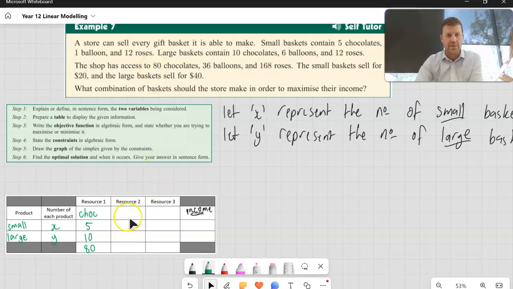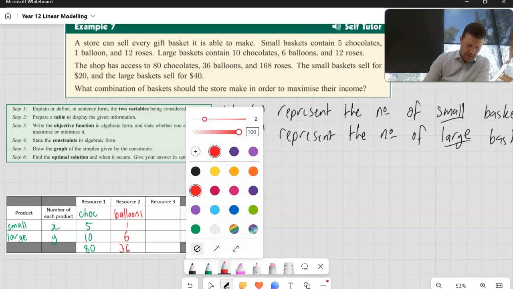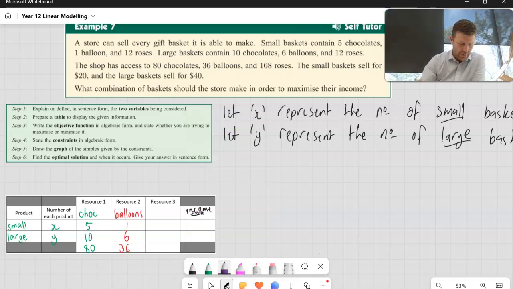The second resource that they're competing for here is the balloons. So 1 balloon for small baskets, 6 balloons for a large basket and 36 balloons altogether. And the third resource that they're competing for is roses.